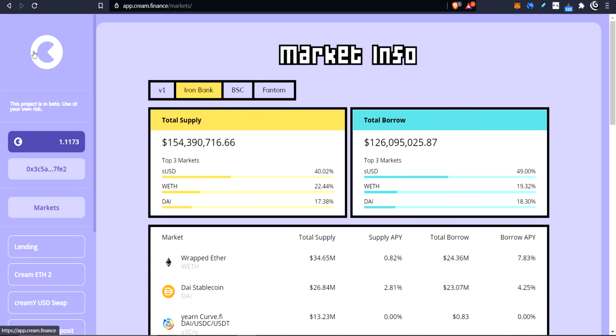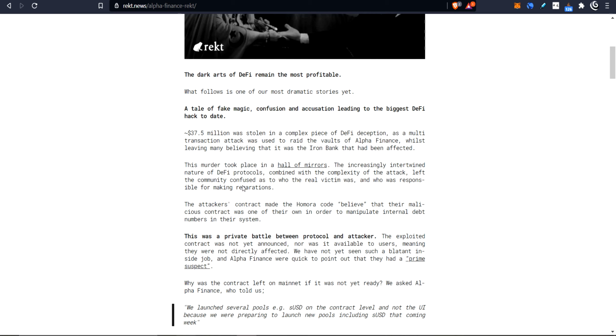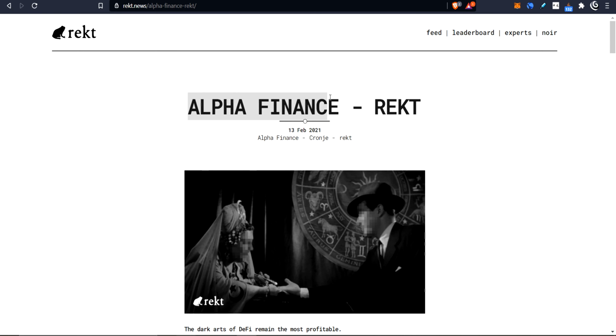So what Cream does is they look at the protocols that want to do this, and they assess their risk level and their ability to pay back any losses that might occur, and they grant that access. They had granted that access to Alpha Finance, and Alpha Finance was the one that was hacked.